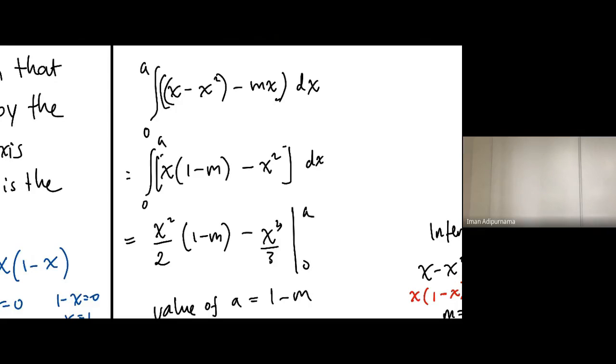And try to solve and group all the x and x squared, and then integrate, become x squared over 2, 1 minus m, minus x cubed over 3, and then you need to put a and 0 inside.